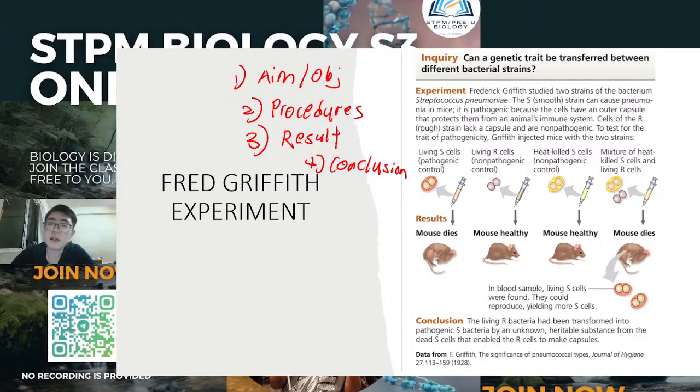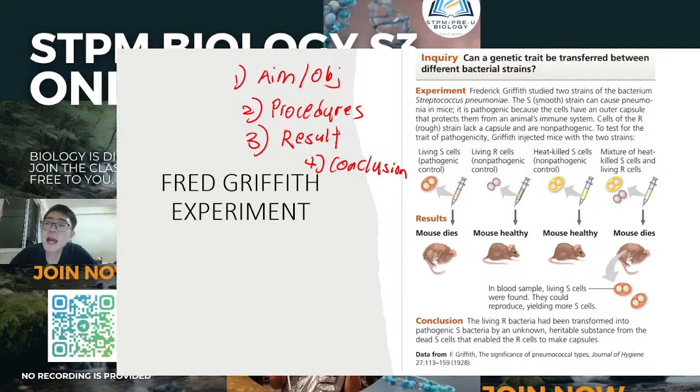It will cause the disease, and when a mouse has the pathogenic bacteria, it will directly die. So the main aim of this experiment is to check the disease.